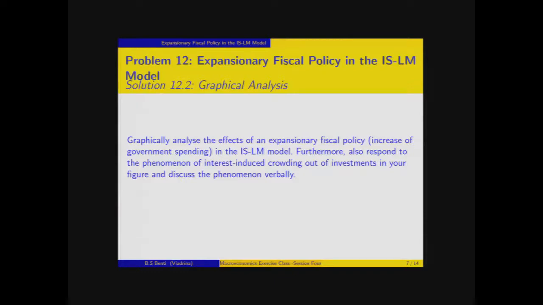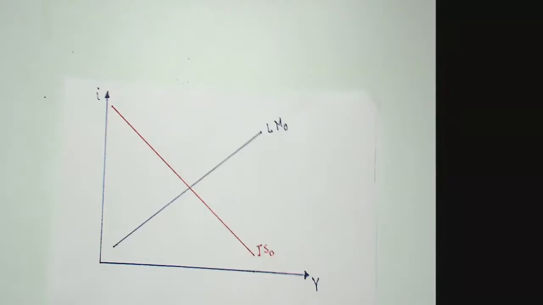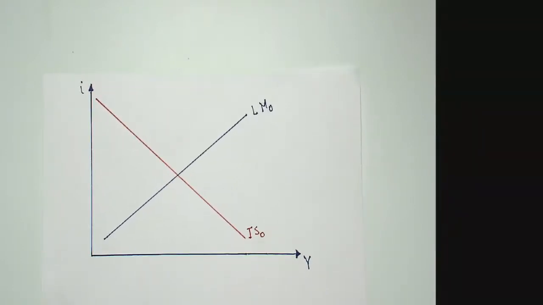Furthermore, also respond to the phenomena of interest-induced crowding out of investment in your figure and discuss the phenomena verbally. So we would start with a graphical analysis of this scenario. For that, we have already identified our IS-LM curve. The labels are already indicated.